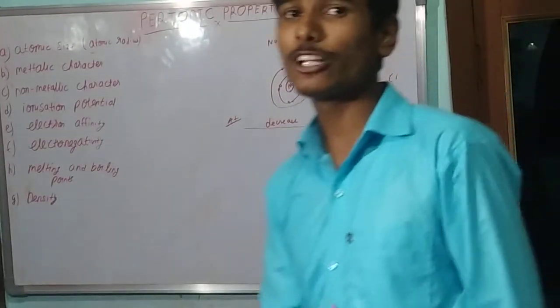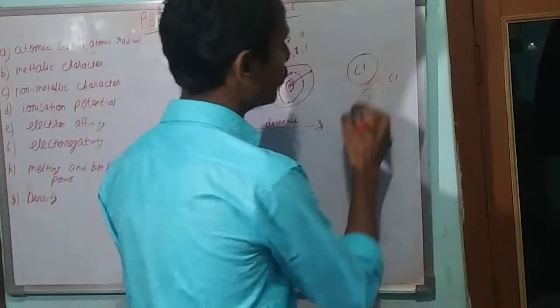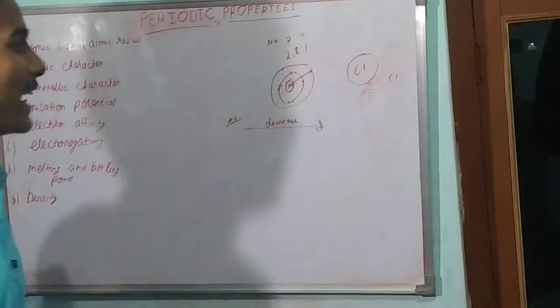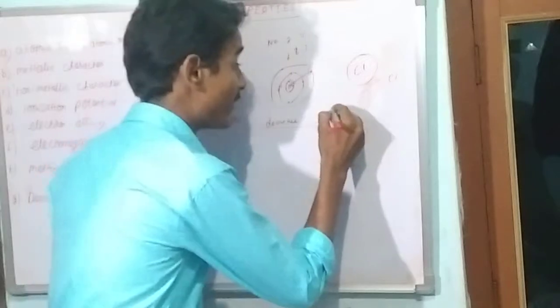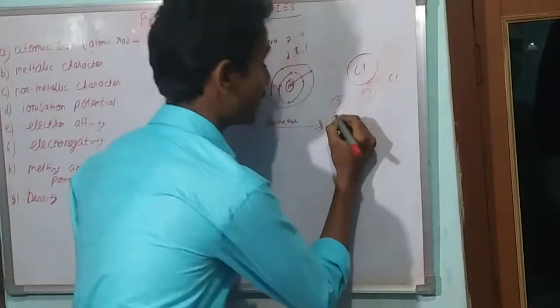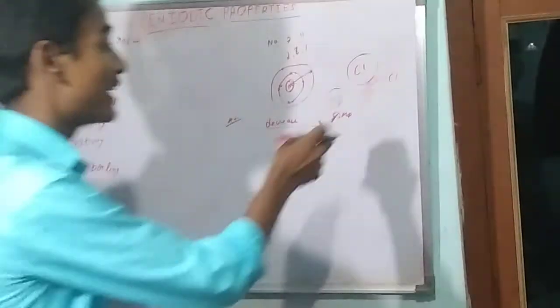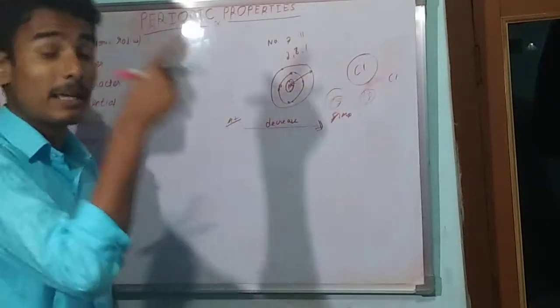One more important point: noble gases, the 18th group, are bigger in size as compared to the 17th group. Do not compare and say that the noble gas size is bigger than alkali metals.